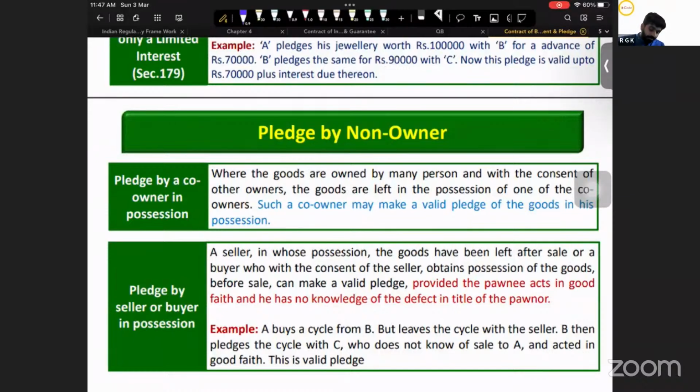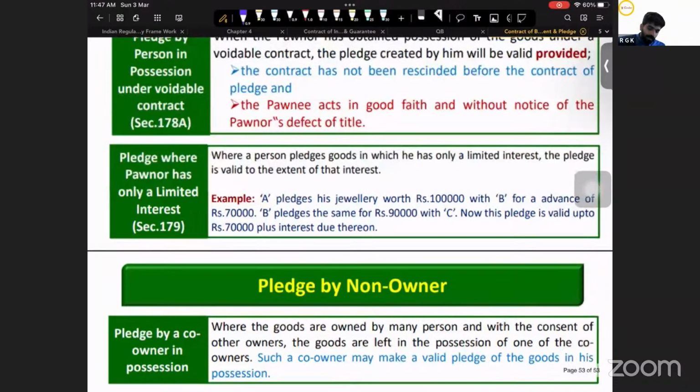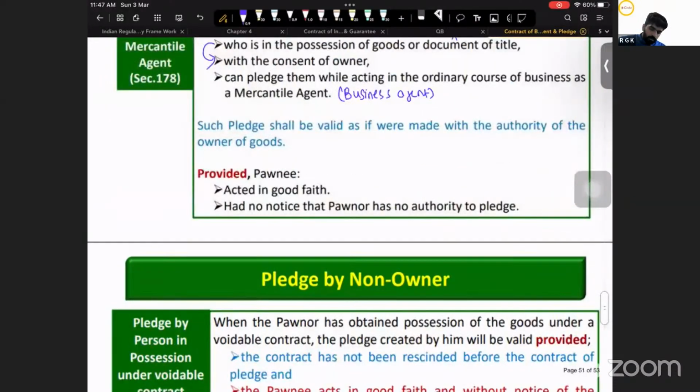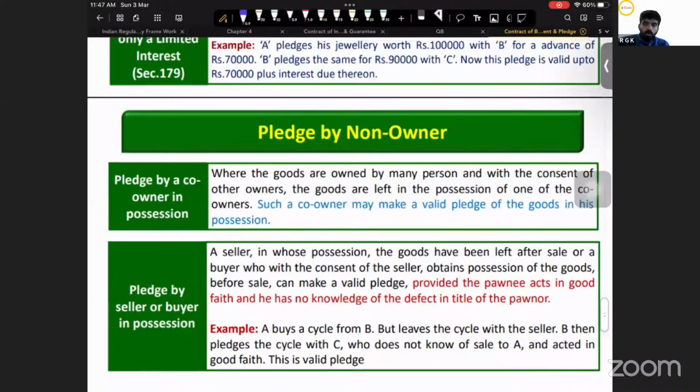So these are the 5 different scenarios where, even if you are not the absolute owner of the goods, you can pledge the goods and the pledge will be a valid pledge.